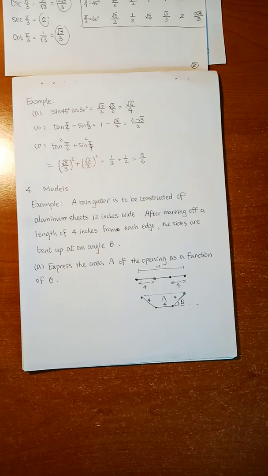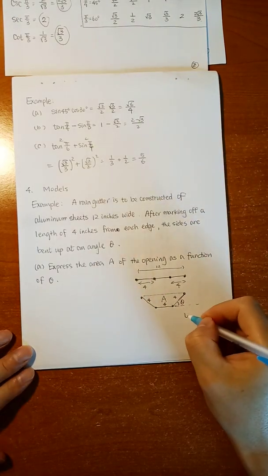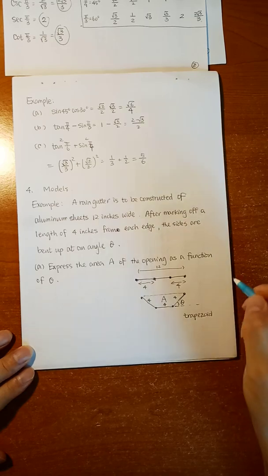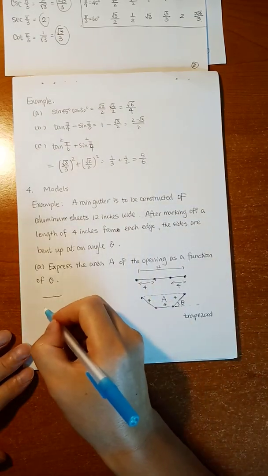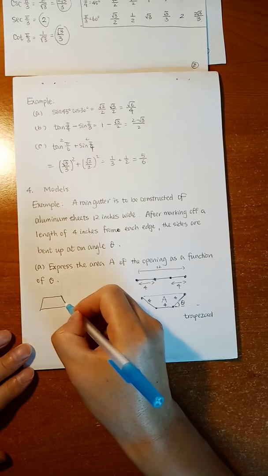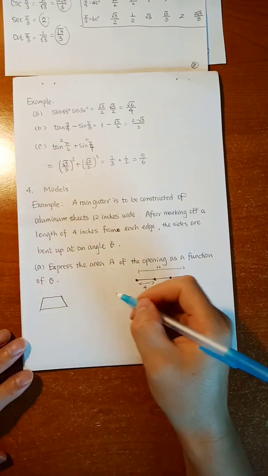What is this word? Trapezoid. T-R-A-P. Yeah, trapezoid. What is a trapezoid? A trapezoid means you have two sides parallel, and the other two sides are not.